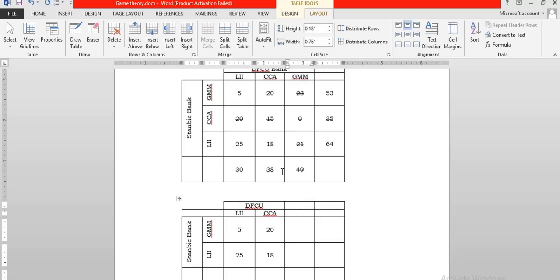For the case of rows, you remove the rows which are dominated. For the case of columns, you remove the columns that are dominant. Because in the case of the columns, we're trying to minimize the maximum losses, and in the case of rows, we're trying to maximize the possible minimums. So that's the reason behind it.